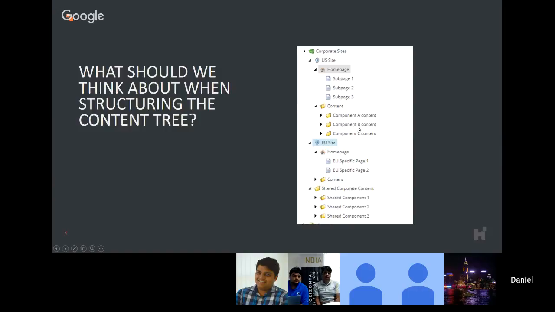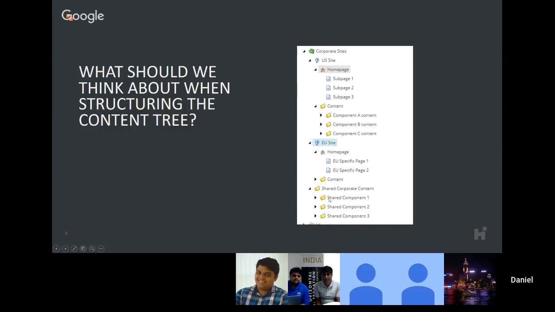Or the content within the US site may be driven based off requirements that are only specific to the US site. So this content couldn't even technically be used on another site. Similar with the EU site. And then at the same level of the US site and the EU site, we have this shared folder.